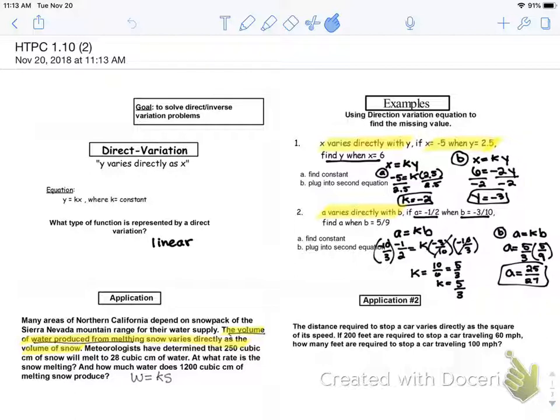It says they have determined that 250 cubic centimeters of snow will melt to 28 cubic centimeters of water. So I'm going to plug in what we know. So I know that the water is 28. I know the snow is 250. So I can divide by 250.